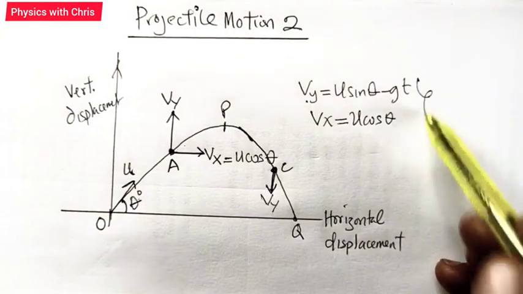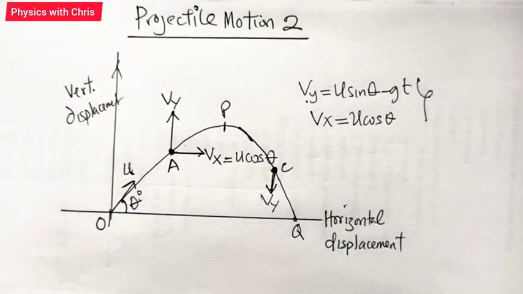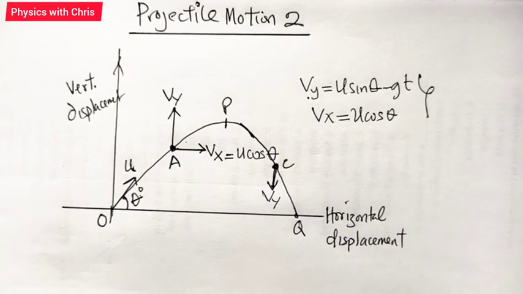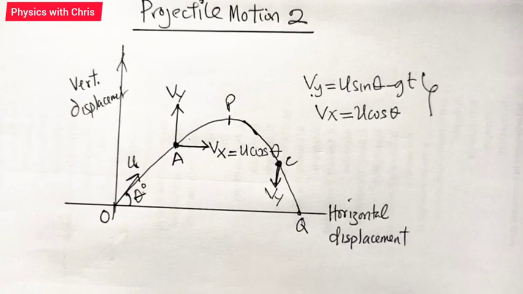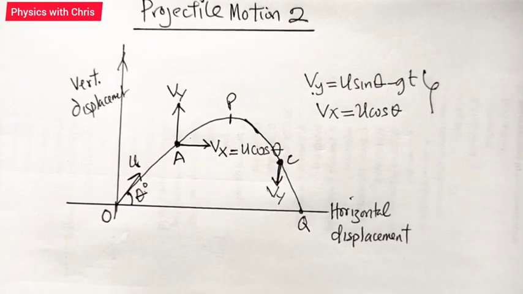This is when we use these equations. We don't use them to calculate the time of flight directly, or the time taken to reach maximum height, or the maximum speed. They are used to calculate the speed after some time has elapsed from when the body was projected.